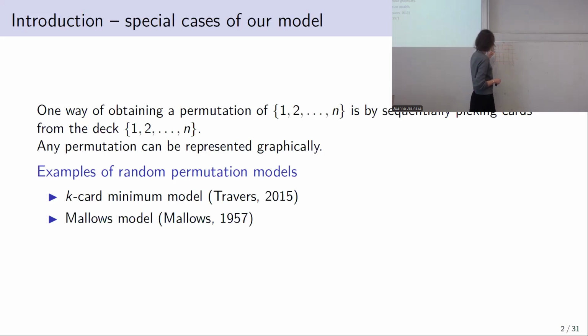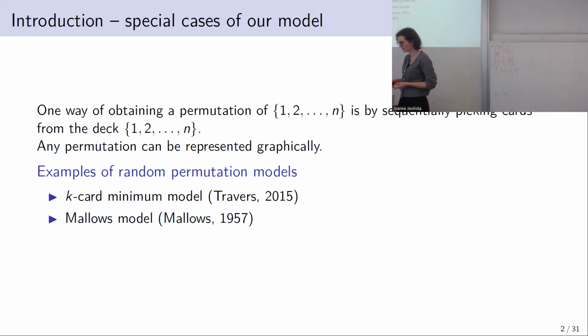And for example, this will be the permutation 2, 4, 3, 1. So I will regularly think about a permutation in this way, as just some squares in the bigger unit square. And as I mentioned before, we have those examples of random permutation models.